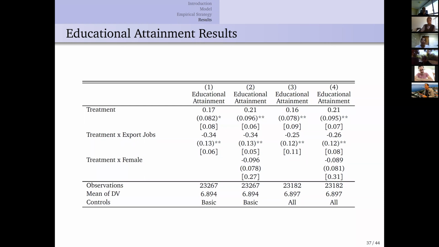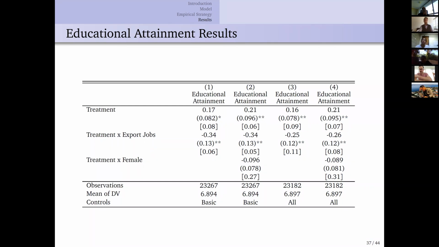I'm wondering how much we should extrapolate, given that there's a definite skew to the export jobs variable. I would be curious to see what this looked like if I allowed for something more than linearity.